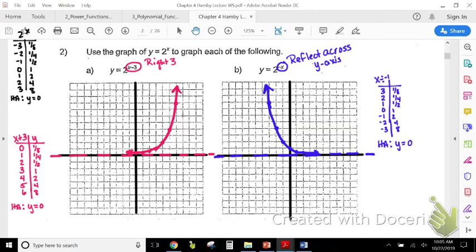Did it do what you thought it would? Did it reflect across the y-axis? Yes, good.